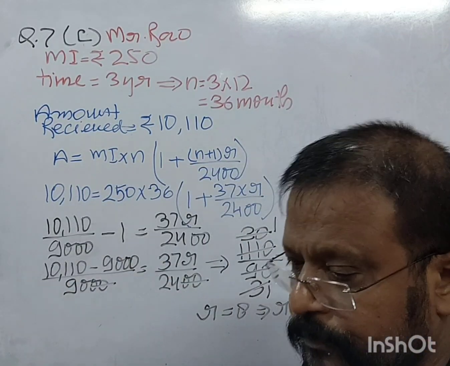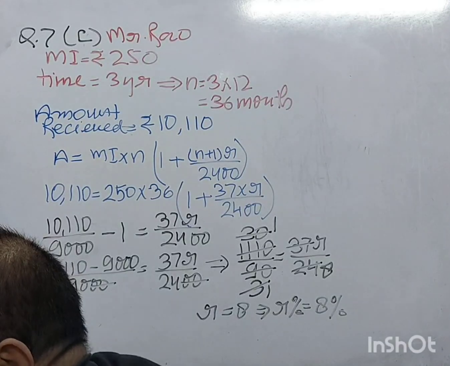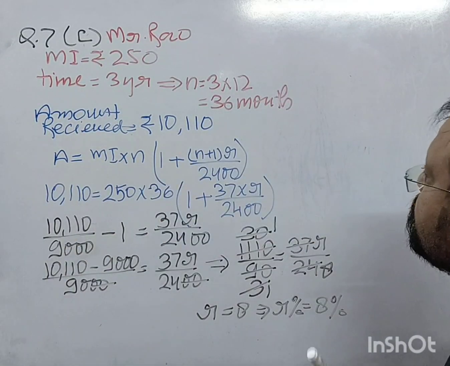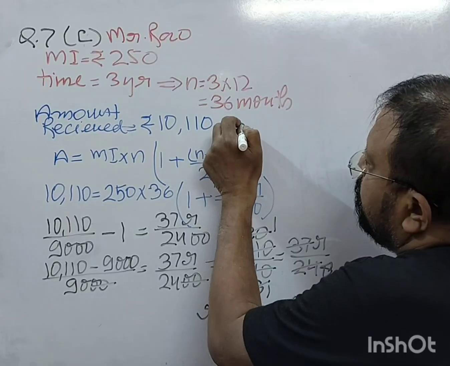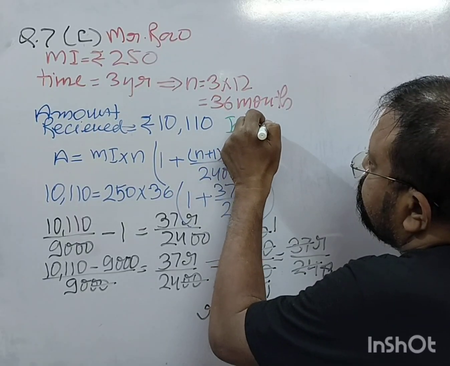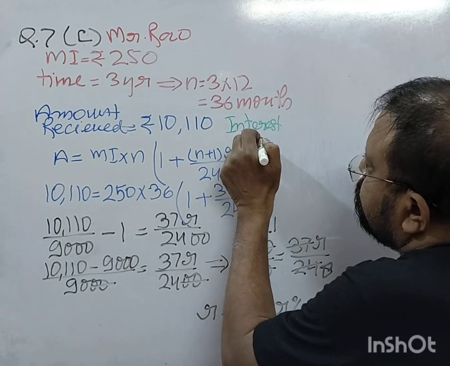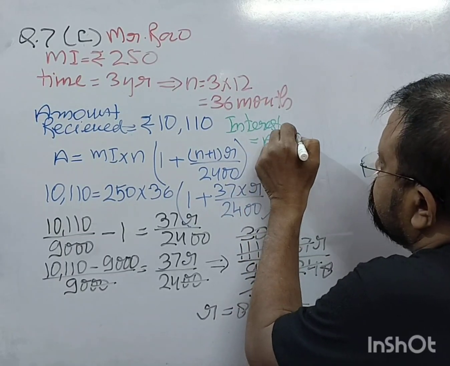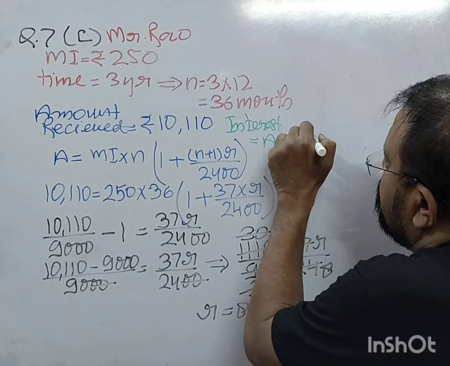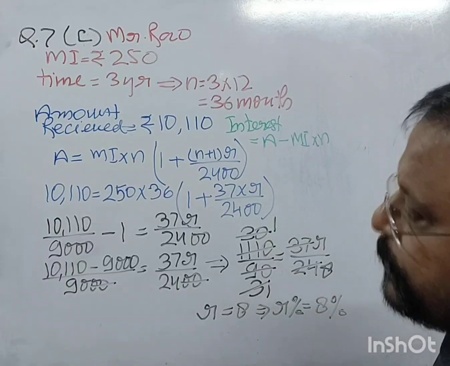So, first of all, how much interest is there? Interest is equal to amount minus MI into n, right?